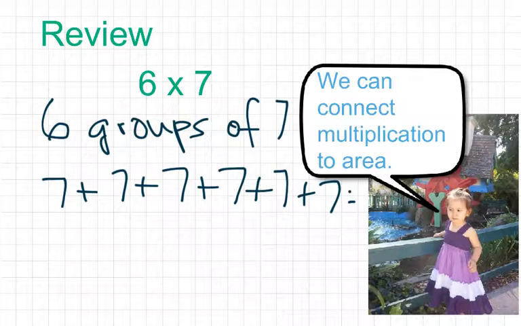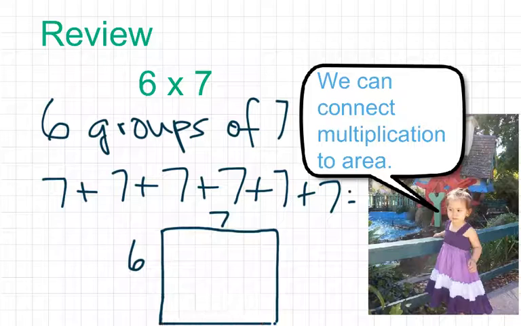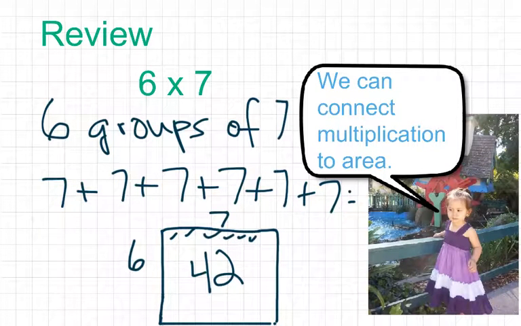We can also represent it as 6 by 7 as an area model. So we have down 6 and across 7, which of course gives us the same answer both times, 42. And we can count up the squares individually in order to see that.